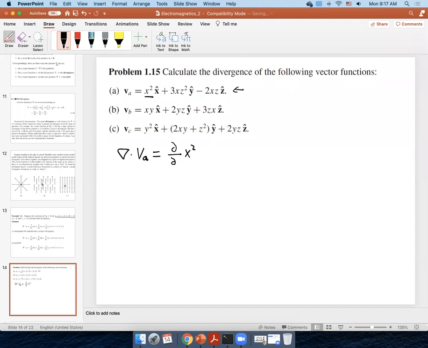So first let's do this direction, and then let's do the y direction, which is partial y of 3x z squared in y direction.